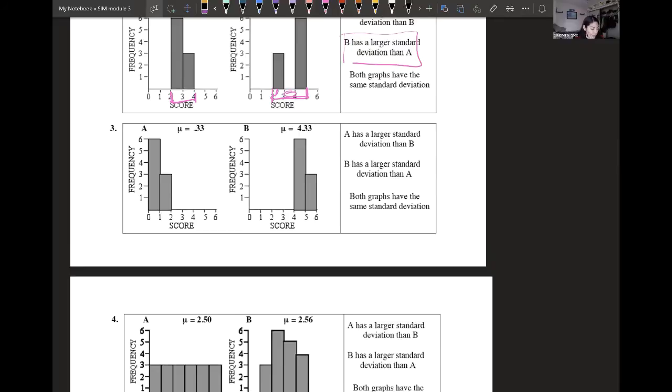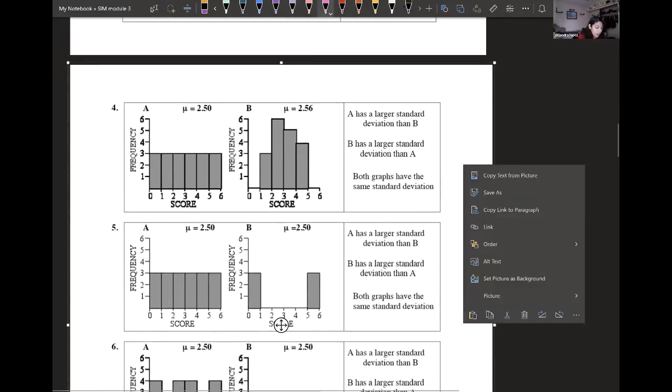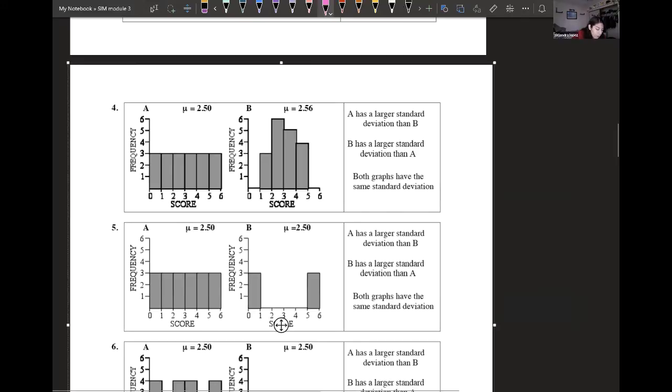So for 3, we just want to see which one has a higher standard deviation, so which one is more spread out? They look the same to me. They look the same, yep. So then both graphs have the same standard deviation. They look exactly the same. Number 4. Jaden, which one do you think has a higher standard deviation? Which one has more spread out?